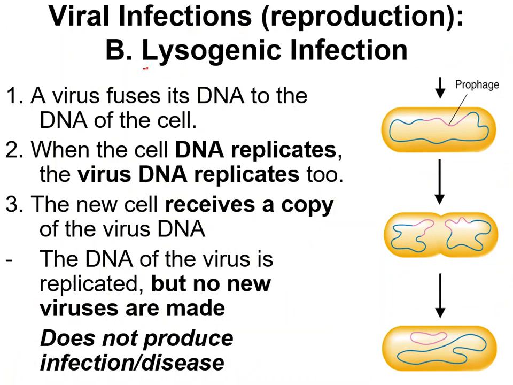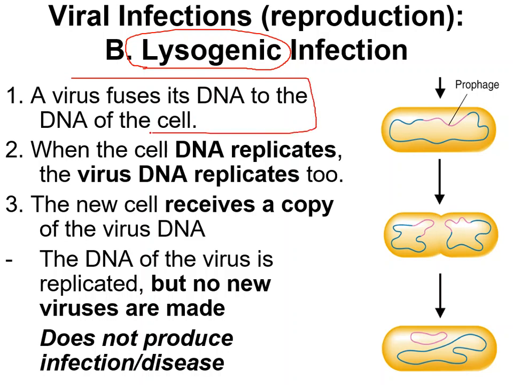The lysogenic cycle or version of this viral lifespan, if you will, is nicer, I think is a better way to say it. But a lot of the steps are the same. So the virus fuses to the host cell, injects its DNA, just like with the lytic cycle, there's nothing different yet.